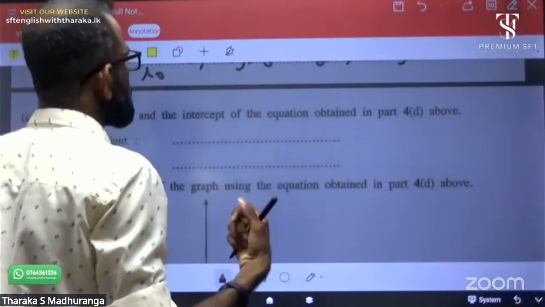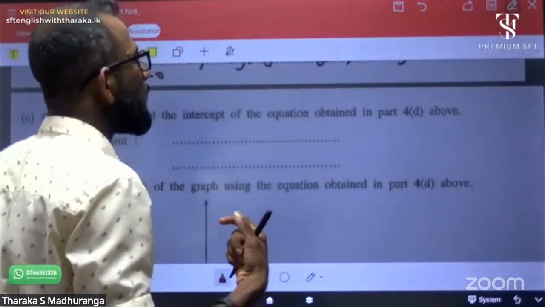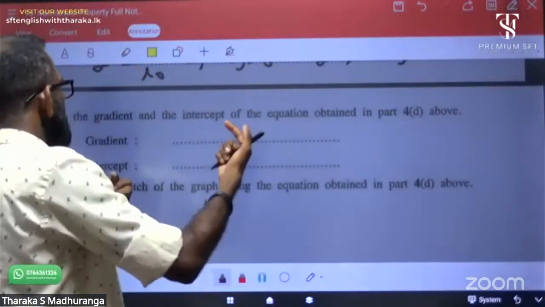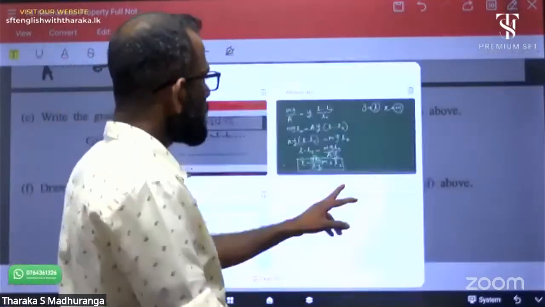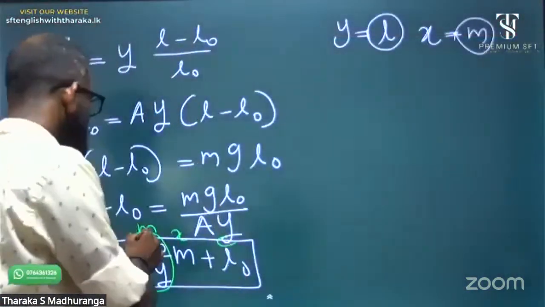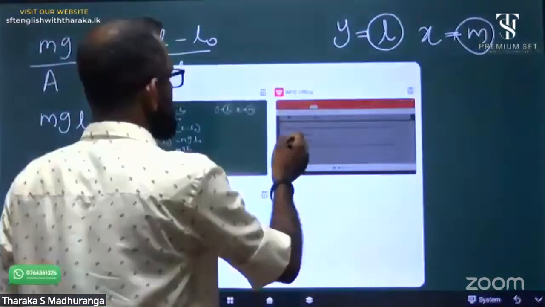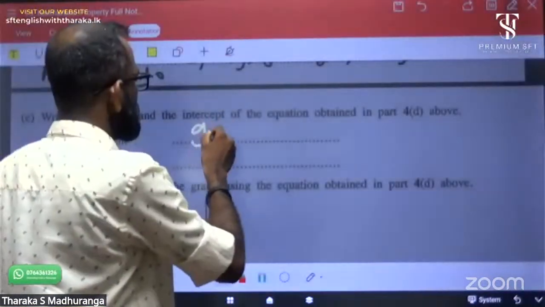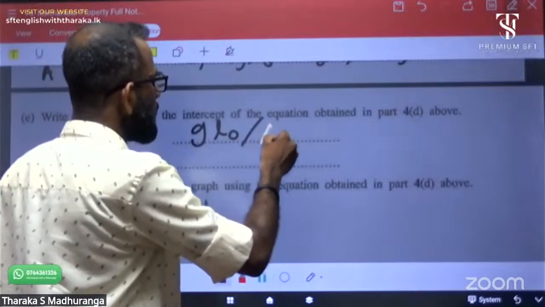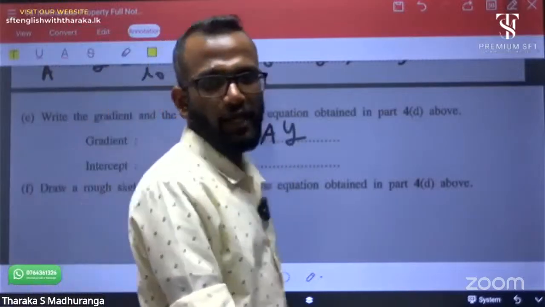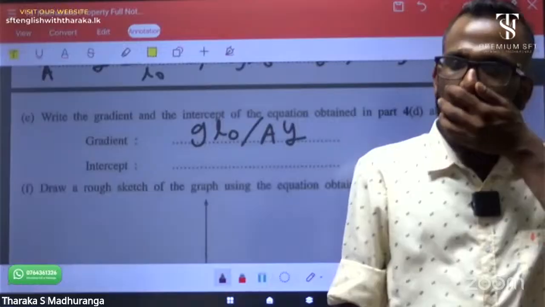Write the gradient and the intercept of the equation obtained in the previous part. Let's take the gradient. M is the gradient: g L naught over A Young's modulus. This is the gradient.